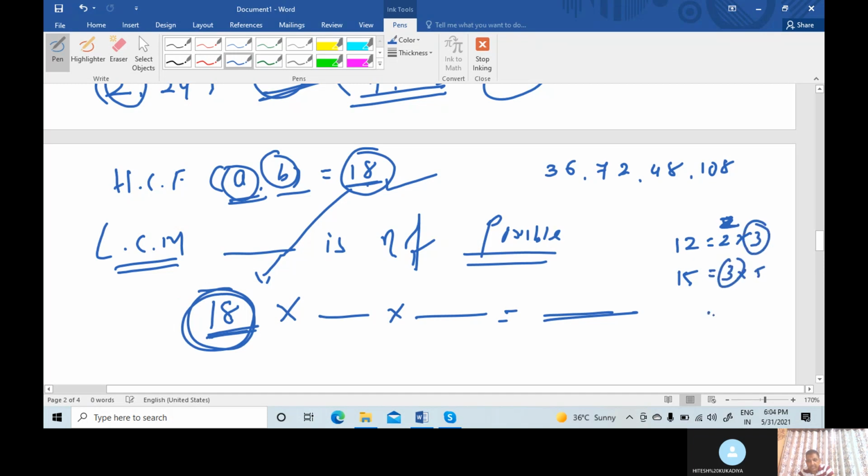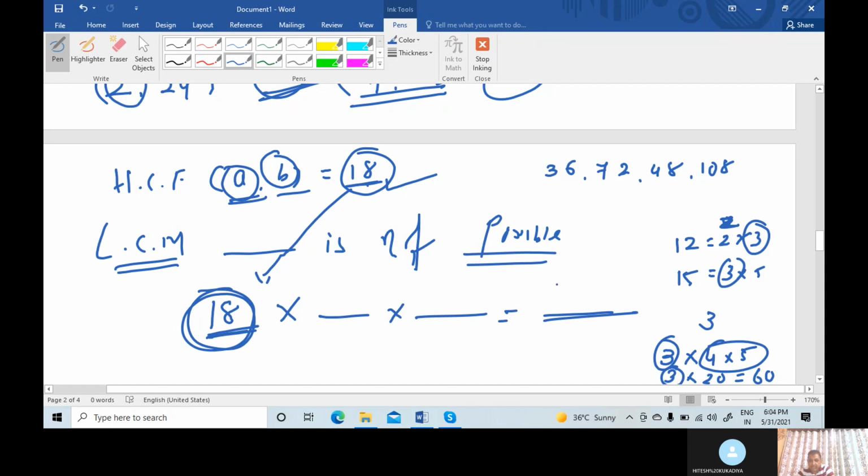So our HCF is 3. Now we find the LCM. When you find the LCM, first we write the HCF 3, then the remaining factors 2 raised to 2, 4, and 5. 4 fives are 20. So speak your 3 table, we always get an answer that is a multiple of 3.